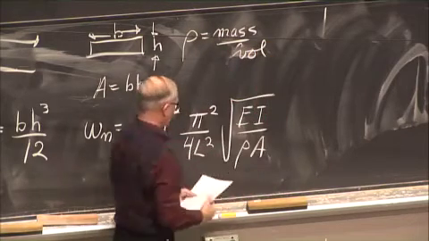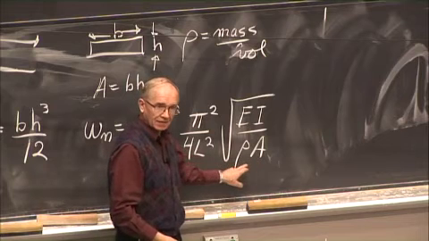Sorry about that. When you multiply by the cross-section area, you get mass per unit length.